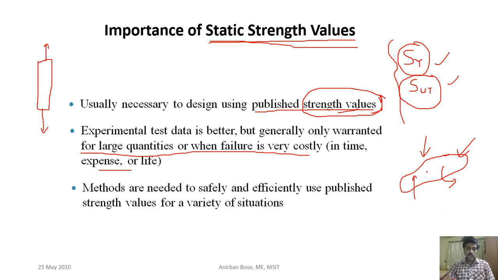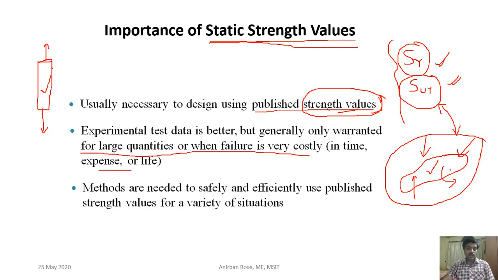Now for the same material, if we make a tensile test specimen and do the tensile test, you get the strength values, and you compare with the actual shape of the material and the actual combined complex loading, then this is the idea of the theories of failure.